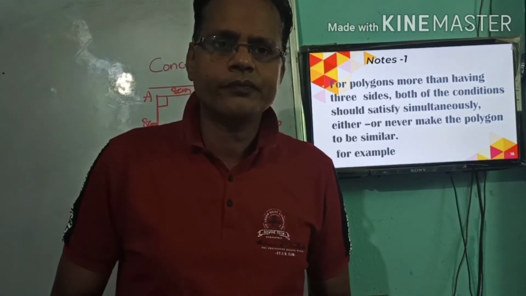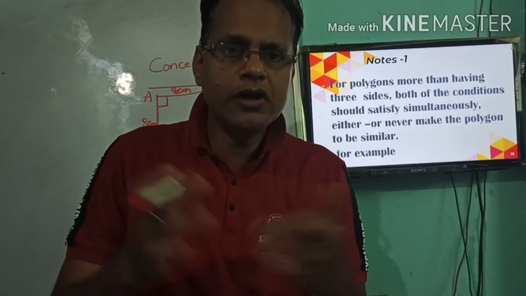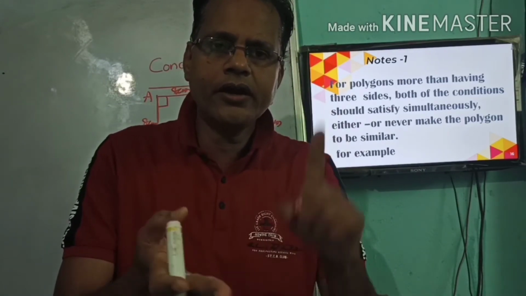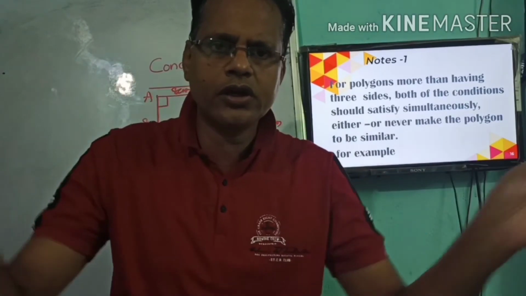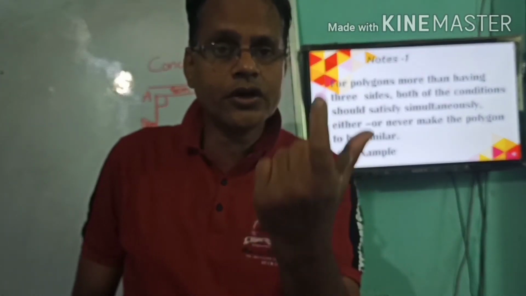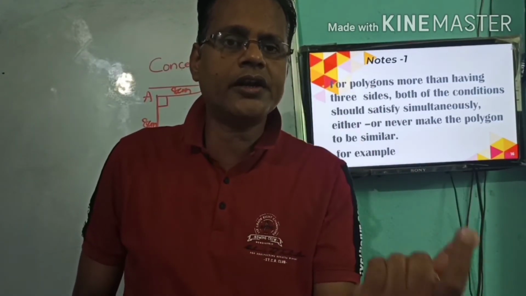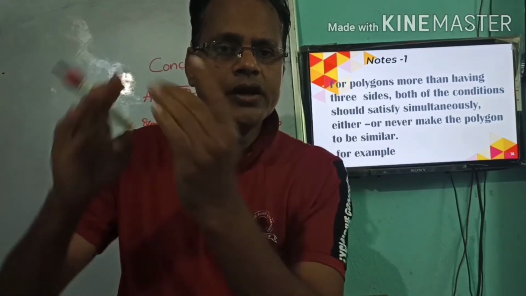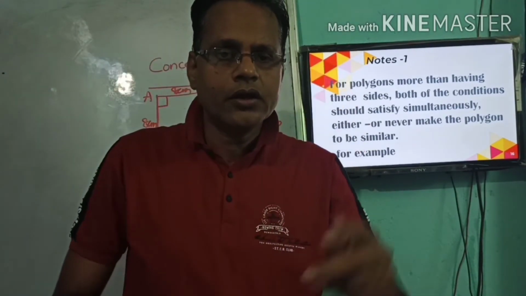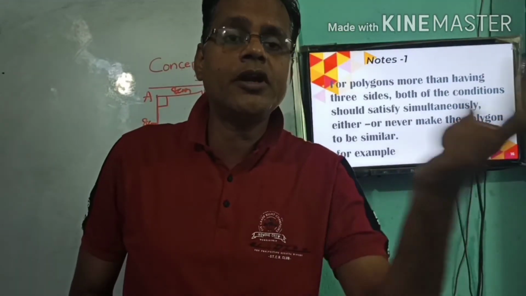What does it mean? Polygons with more than three sides means quadrilateral, pentagon, hexagon, heptagon, and so on, except triangle. If you want to test the similarity of such polygons, then both conditions must be satisfied simultaneously.